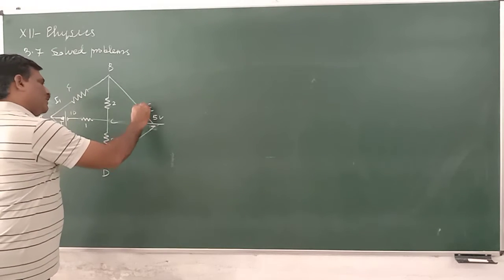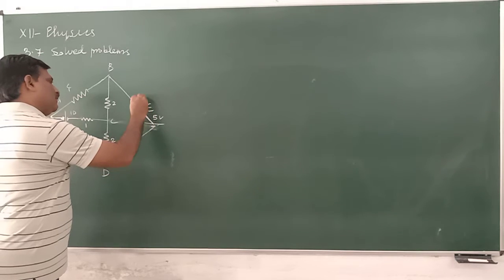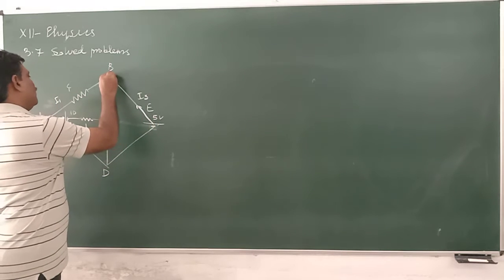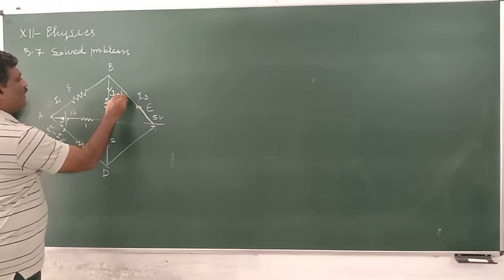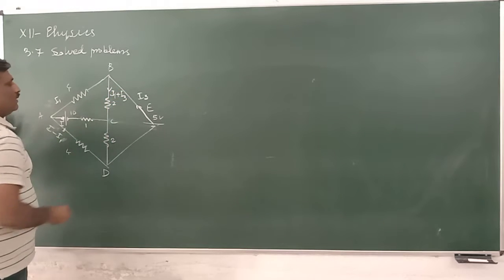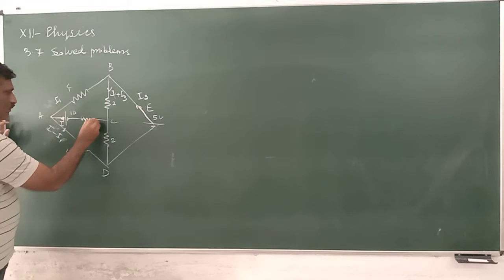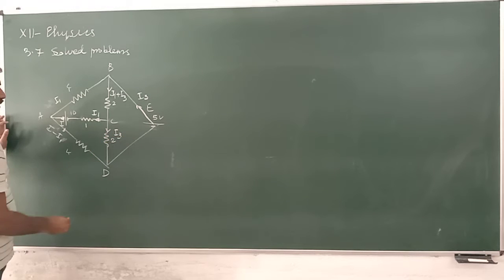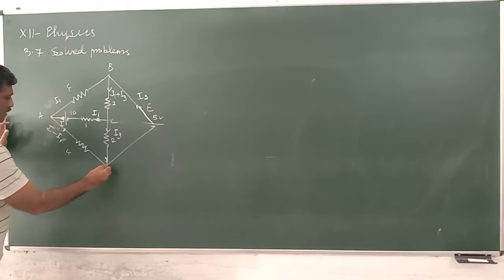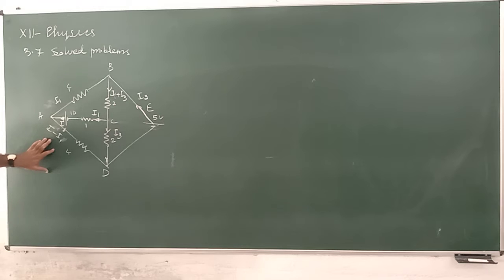Now this one, the positive terminal, is sending current. It is I3. It is reaching I1 here. So it goes I1 plus I3 here. Now this I1 will come to this side. So here again it goes I3. Now you can see here I1 and I minus I1.